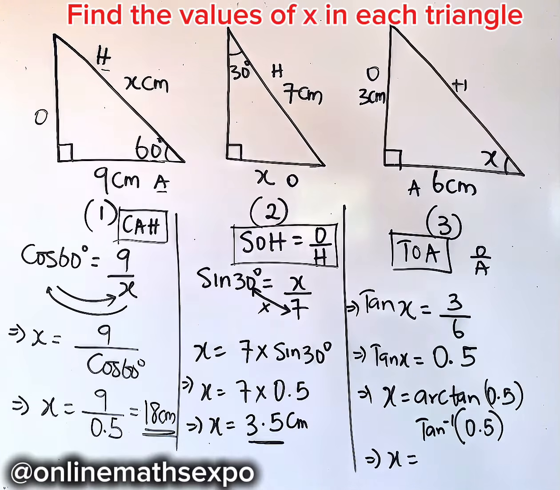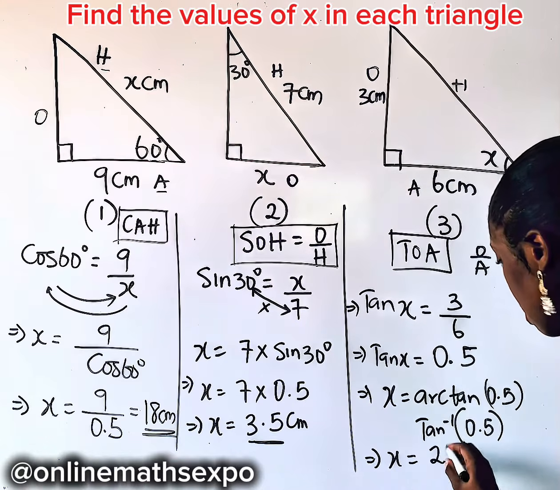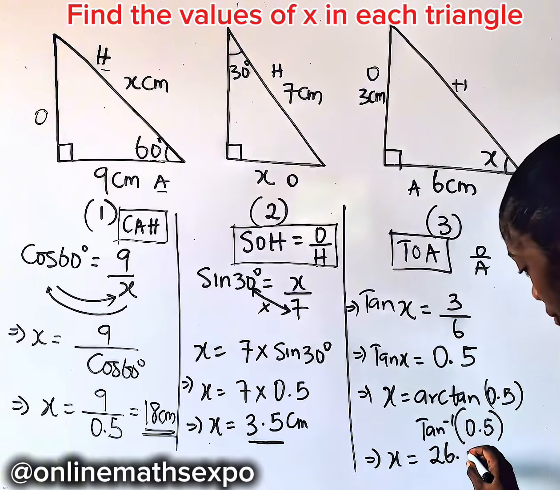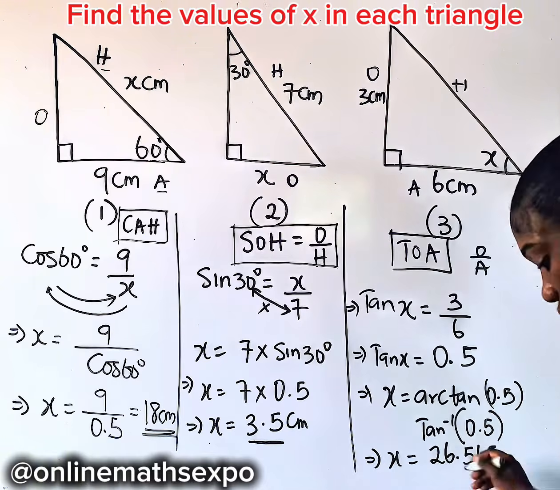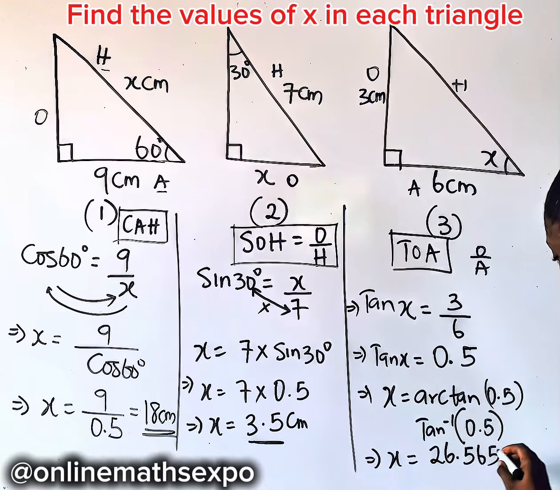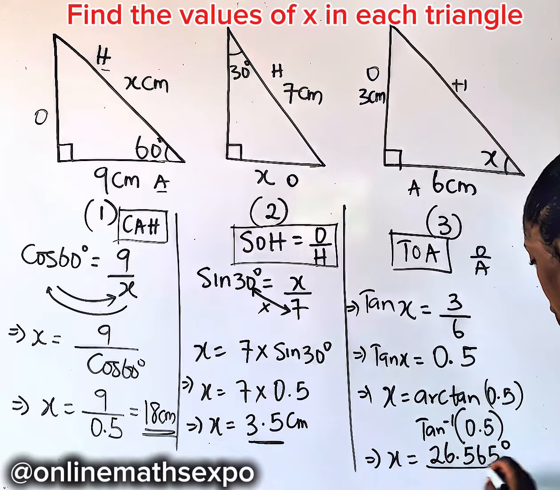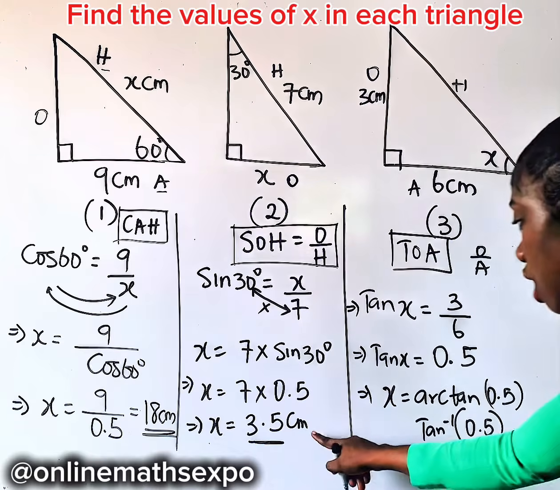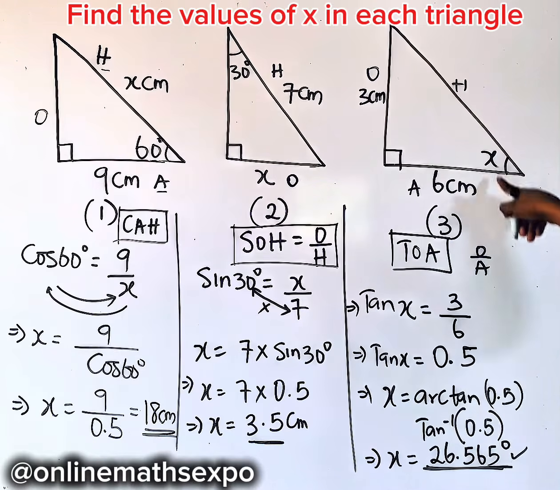So let's do it. Let me do mine quickly. I'm going to have 26.565 and so on. So you can just leave it like this. Please remember to put degrees. Don't put centimeters because this one we are looking for an angle. So this is the correct unit for diagram 3.